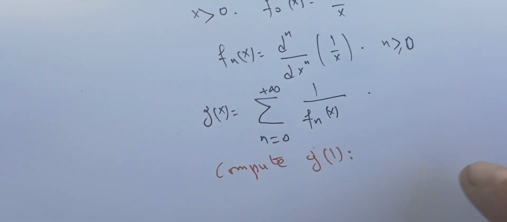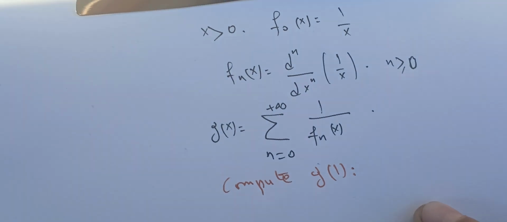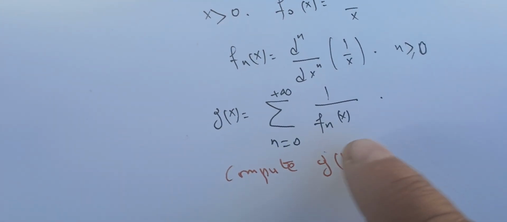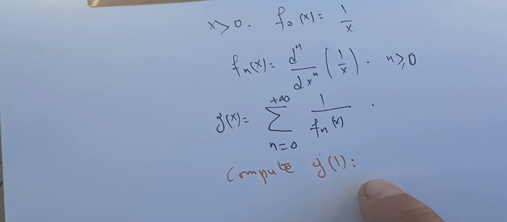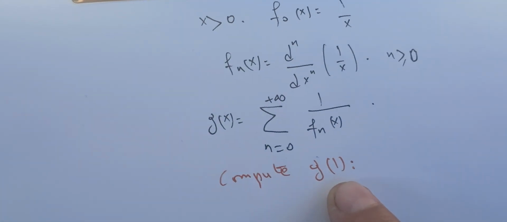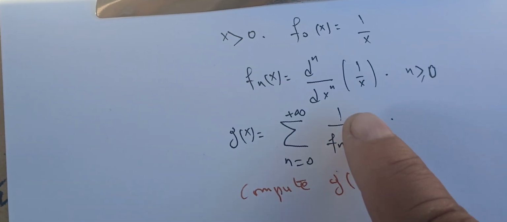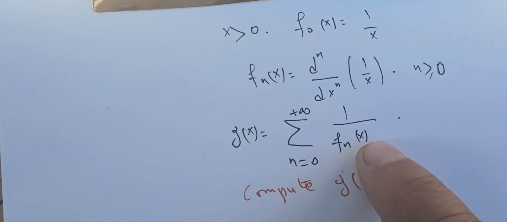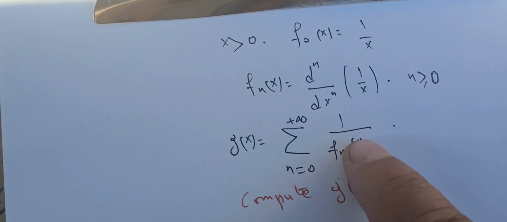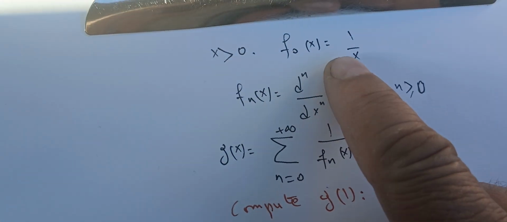We want to compute g of 1. So here, to find a formula for g of x and to be able to evaluate, I think the easiest way is to find fn of x.